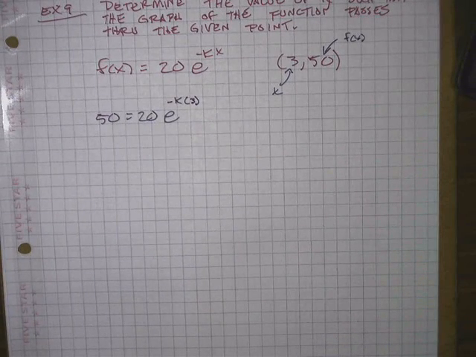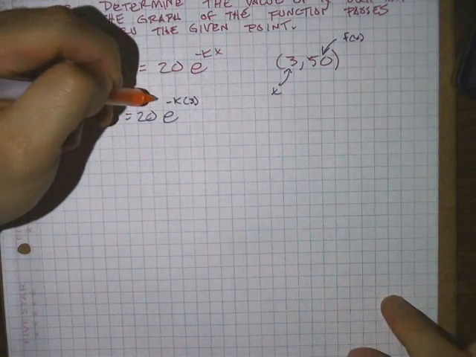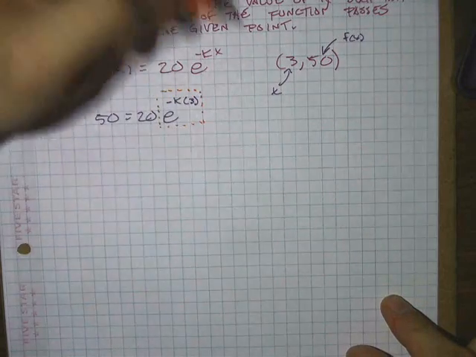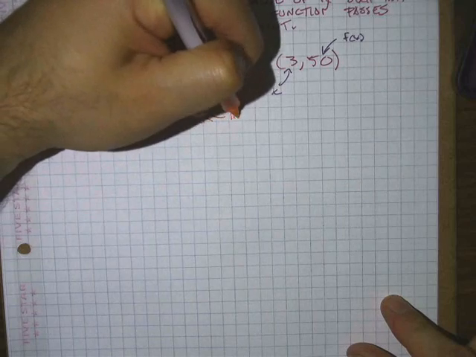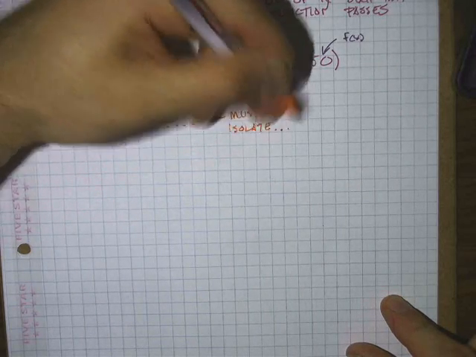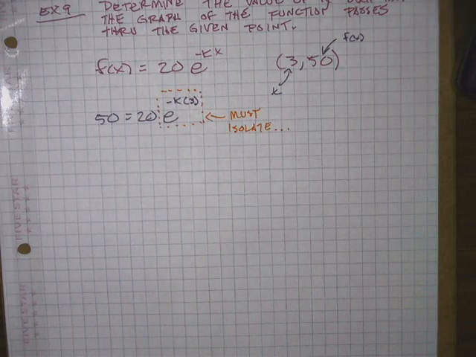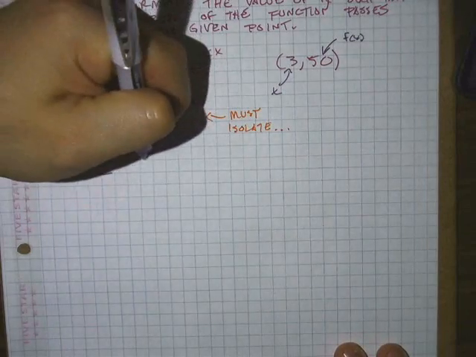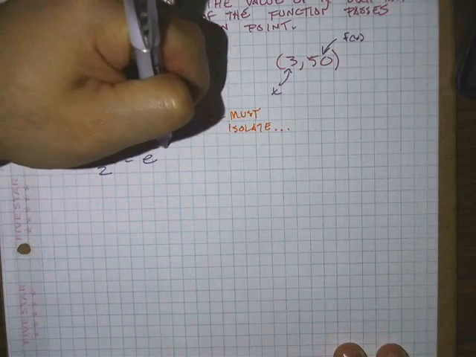So what's going to happen from here? Yeah, I must isolate this part here. This guy here we must isolate. So that means we're going to do some division. And we're going to end up with 5 over 2 is equal to e to the negative 3k.